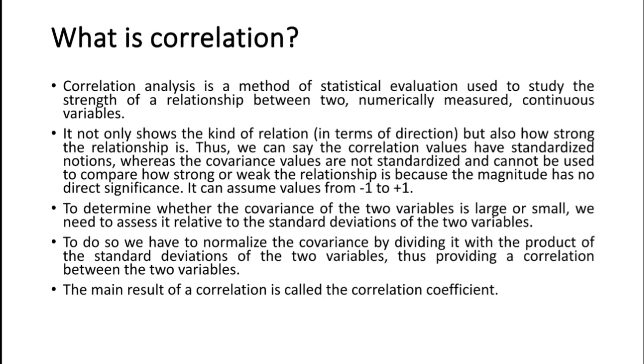So that's why here my values are standardized. That's why I can tell how strong the relationship between my two variables is, whether it is strong or weak. Next, right? I don't want to confuse you guys, so I directly move to the example.